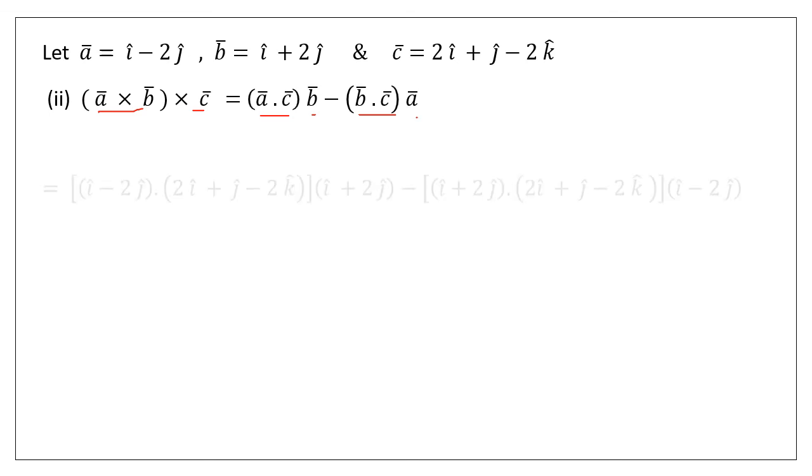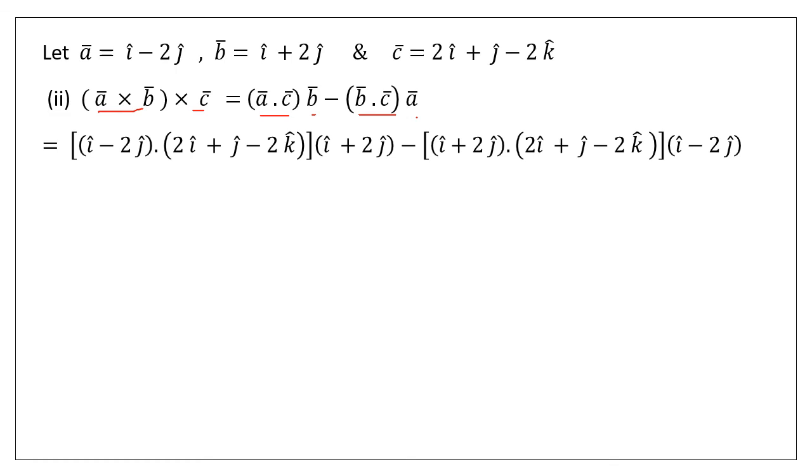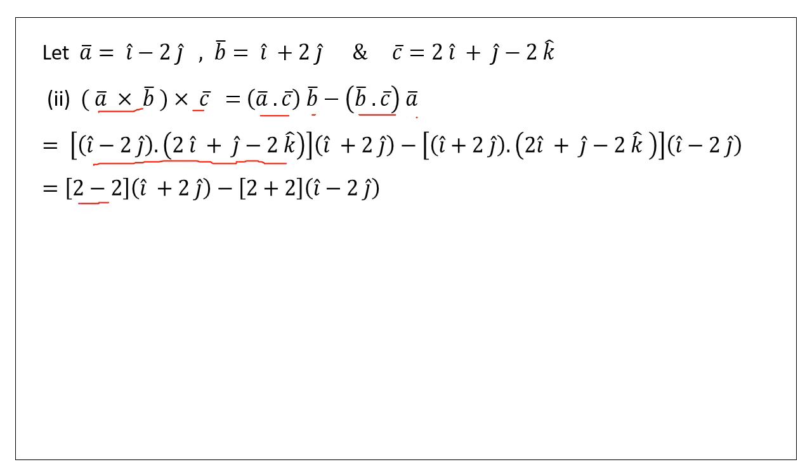Write down A bar, B bar, C bar, which gives us (i cap minus 2j cap) into (2i cap plus j cap minus 2k cap) gives (2 minus 2) into i cap plus 2j cap, which is our B bar vector, minus B bar dot C bar gives us (2 plus 2) into A bar vector as i cap minus 2j cap. 2 minus 2 gives us 0, minus (2 plus 2) as 4 into (i cap minus 2j cap).